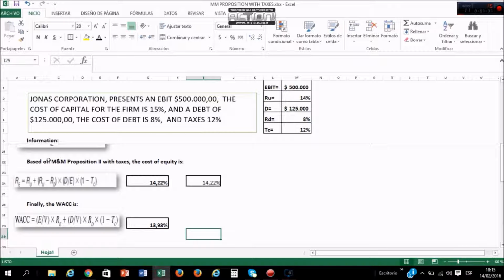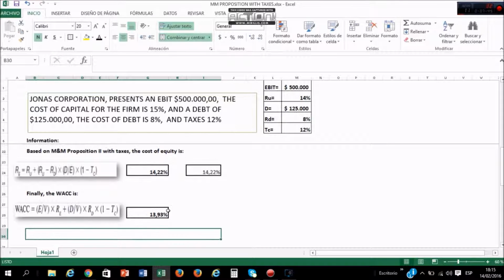And finally, we have to find the WACC, which is the most important, right? Remembering that the WACC in this case is with the tax shield for the leveraged firm.